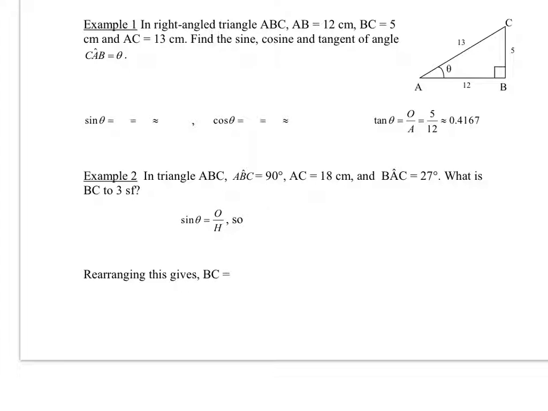What side is not touching this angle? It's this one over here. So this is your opposite, this is your hypotenuse, and this one here is your adjacent.